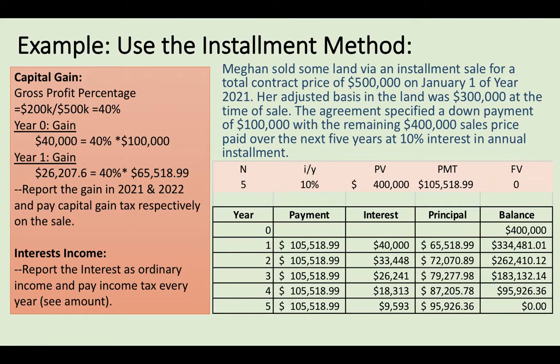So when you use an installment sale, you spread your capital gain over 6 years rather than in year 1. That's why it's beneficial to use the installment method, because you don't pay the tax all at the same time. You may reduce your tax amount, right?